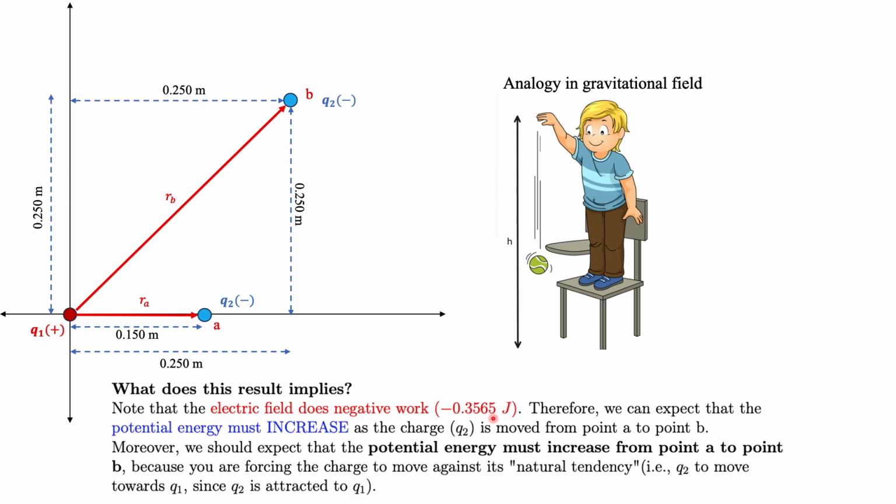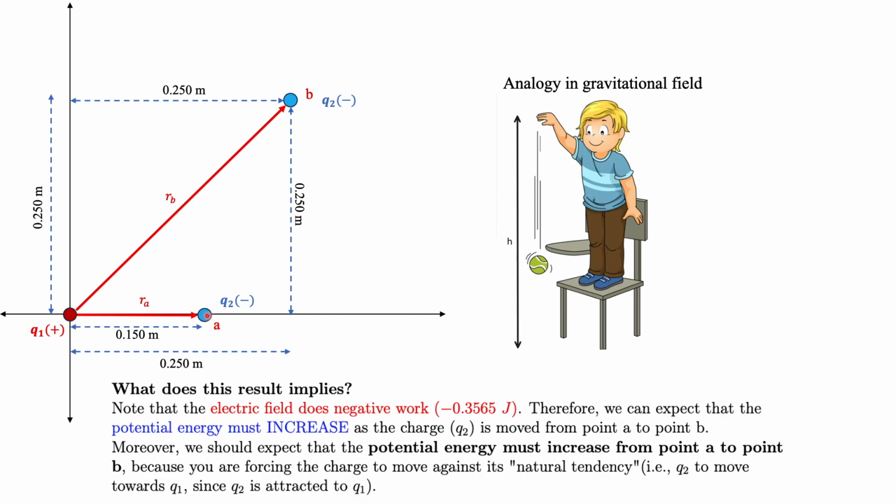And if we try to recall our discussion, we should be expecting that the potential energy must increase from point A to point B since we are actually forcing the charge to move against its natural tendency. Take note that this is a negative charge, so its normal tendency, just like this ball, the normal tendency of the ball is to move towards the ground of the earth or towards the center of the earth.